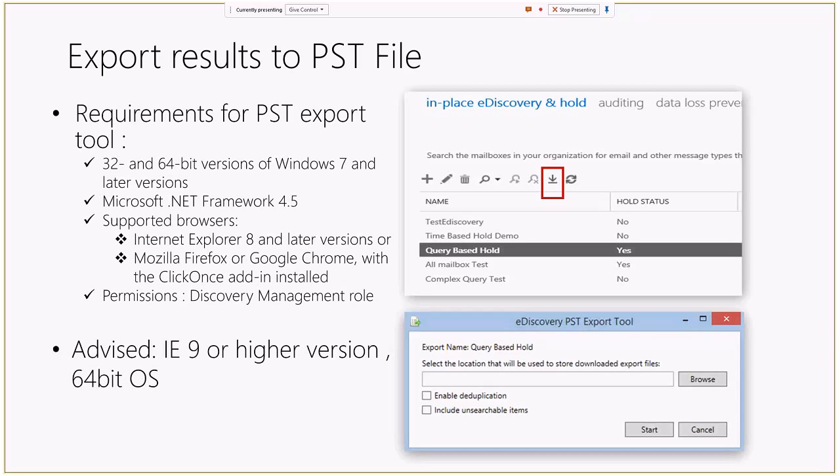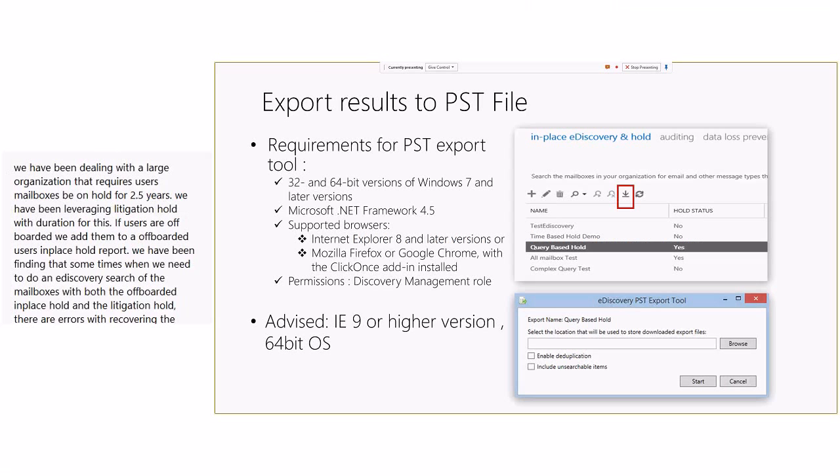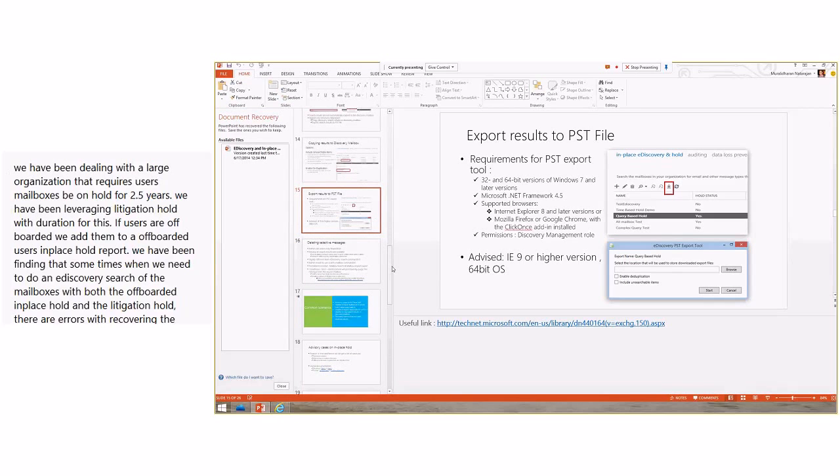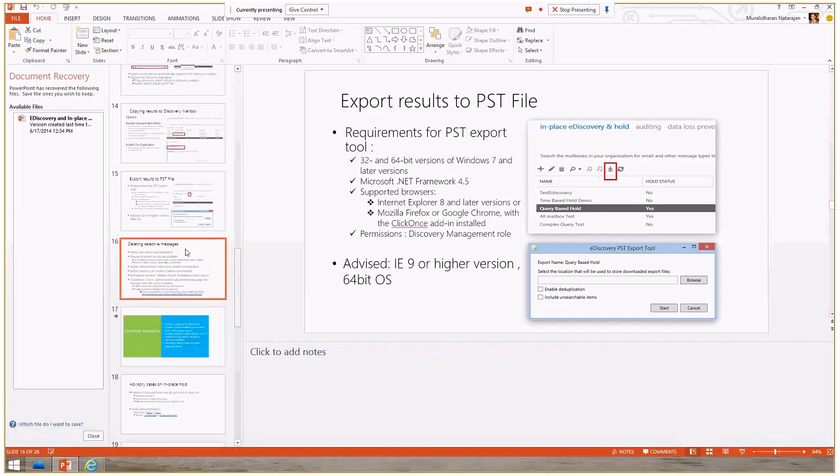And a 64-bit OS, because as I mentioned, the export tool is a ClickOnce application which uses .NET heavily, and 32-bit limitations with memory and whatnot cause the tool to crash or stop working. So a 64-bit OS is recommended, especially if you know that the search is a complex, expensive search and you're looking for the tool to work for a long time exporting the data. I would definitely recommend a 64-bit operating system.